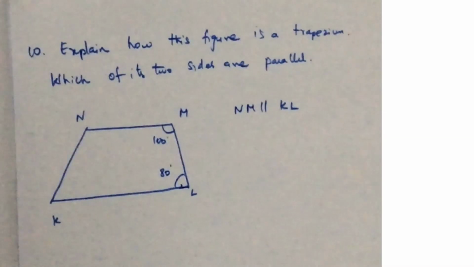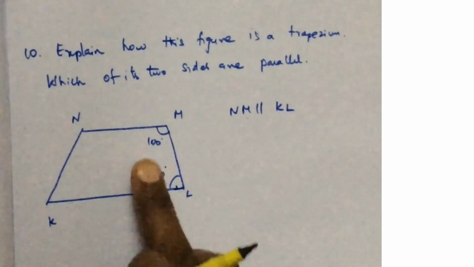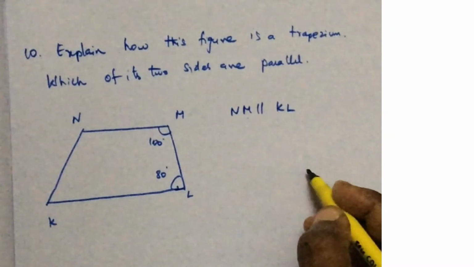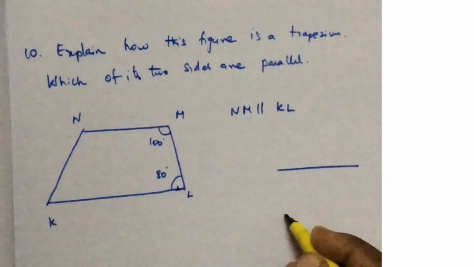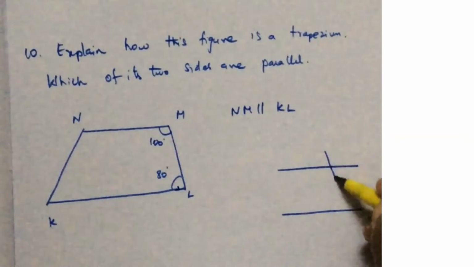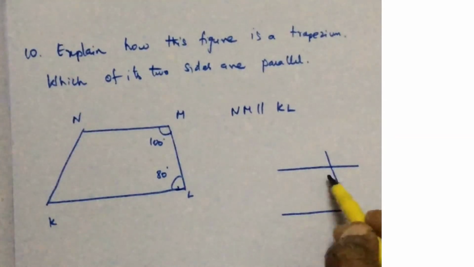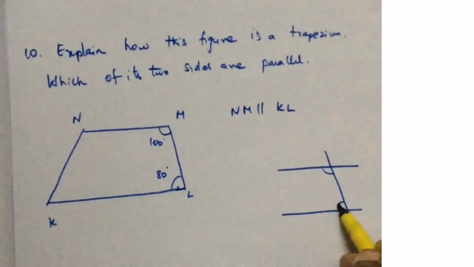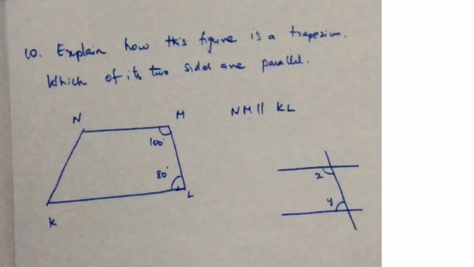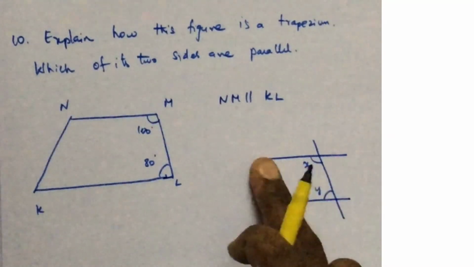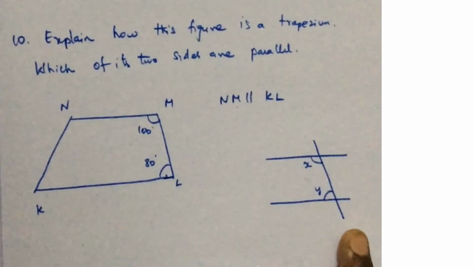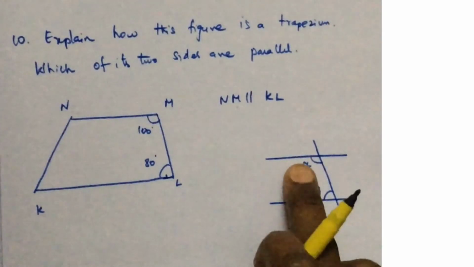How we can say that is, here they have mentioned this is 100 and this is 80. So in 7th standard you studied, if there are two lines and there is a transversal like this, what is this angle pair called? Let me name this as x and this as y. Consider two parallel lines and there is another line which is transversal to these two lines, and this angle is x and this angle is y.